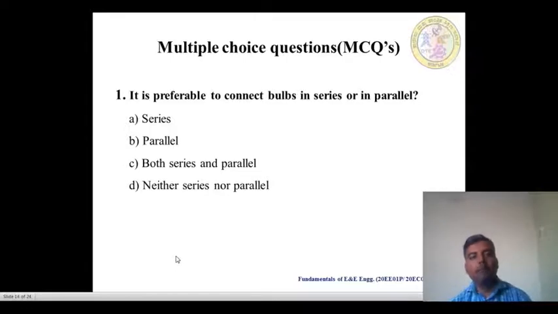The first bulb will glow with more brightness and the second bulb with less brightness because of the different voltage drop. To avoid that, we connect bulbs in parallel. In parallel, the voltage across both bulbs remains the same. So option B is the correct answer.